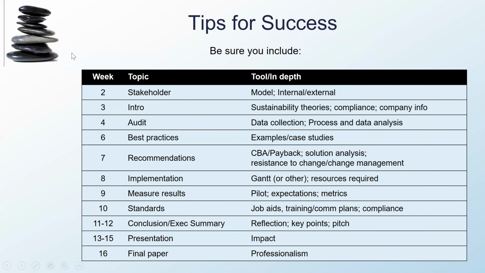Okay, let's talk about some of the tips for success. These are things that when people don't do them, you lose like a third of the points for that chapter because you didn't do it. The first thing is that when you do your stakeholder chapter in week 2, you have to have a stakeholder model, stakeholder analysis, and then a stakeholder meeting.